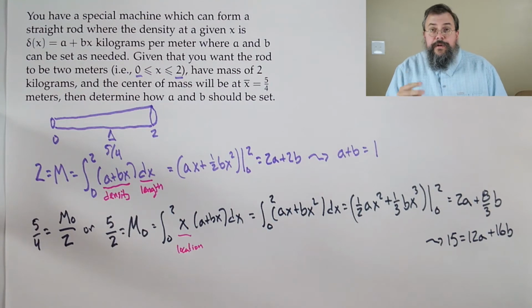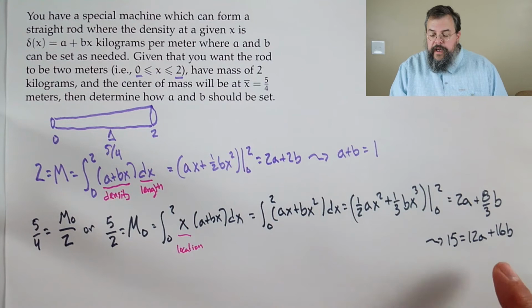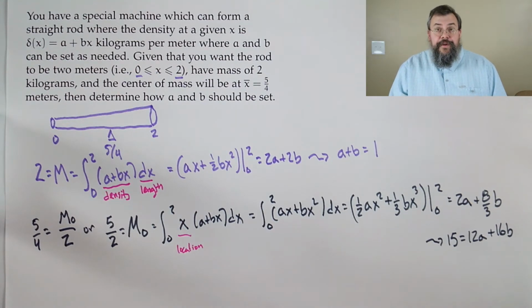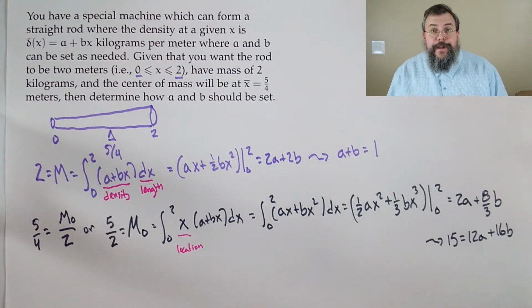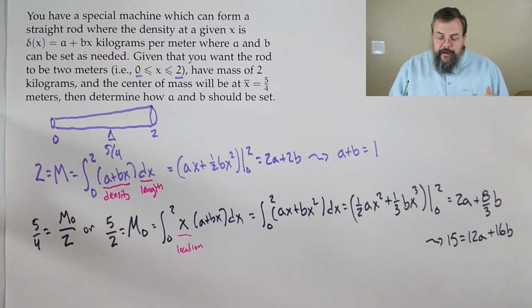So, two equations. A plus b equals 1, and 12a plus 16b equals 15. Two equations, two unknowns. Well, let's think about it. I like to say, that's our bread and butter. We know how to solve these. We do it by combining.